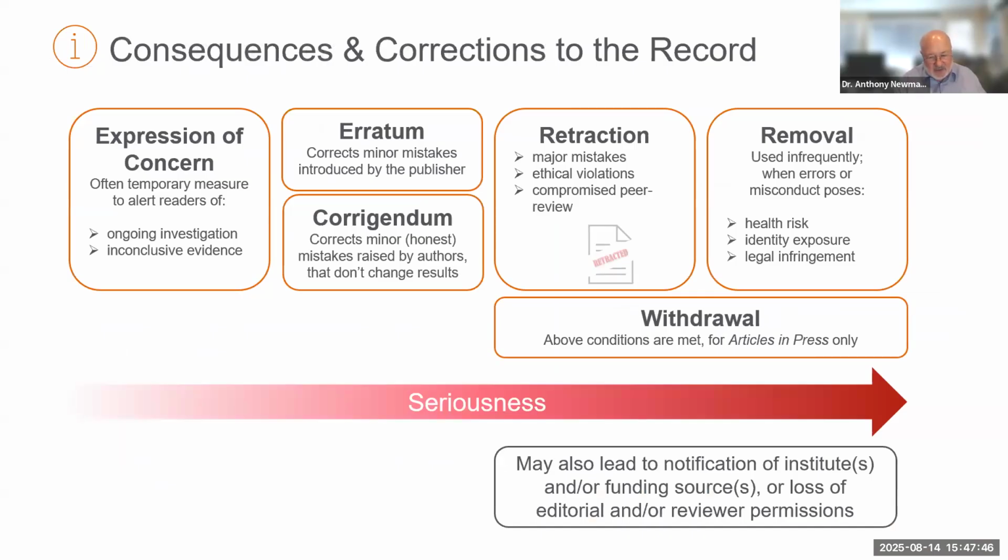So in terms of seriousness, pale to strong red: questions of concern, erratum, corrigendum, retraction, removal, and then withdrawal. Also remember that whatever happens out there, in the record of science, your name is linked to that continuously.